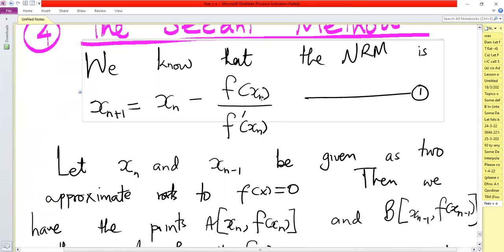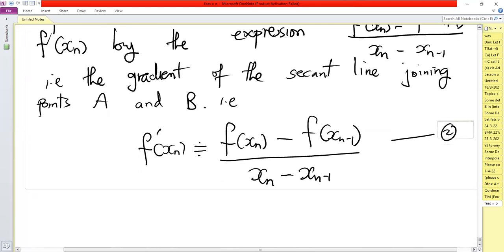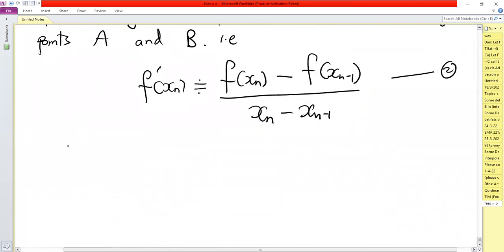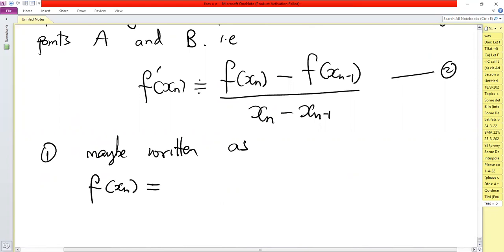Now, this equation 1 that describes the Newton-Raphson method can be written as f of xn equals xn plus 1 minus xn into f prime of xn.